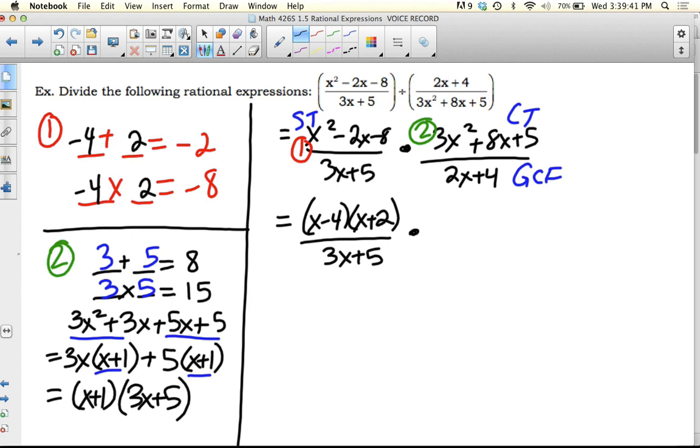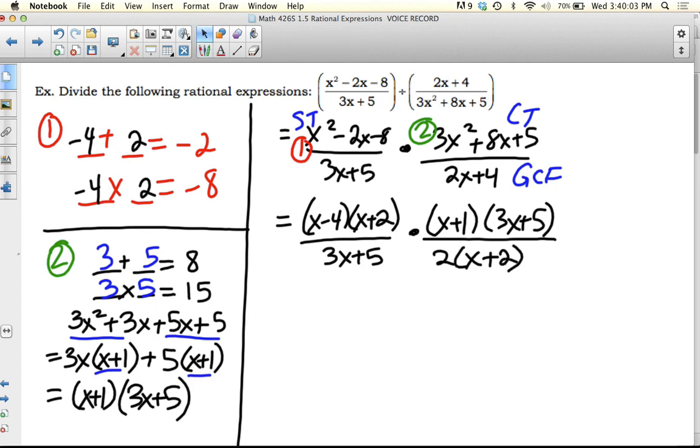So now let's bring this back into our question. On the top, instead of that complex trinomial, we're going to have x plus 1 and 3x plus 5. At the bottom, we now have a GCF that we need to do, so we'll pull out the 2, and we have x plus 2. Great, so everything is now factored. I'm going to start slashing off.